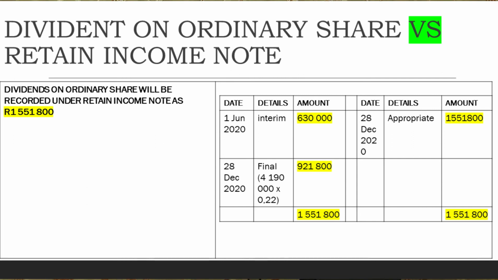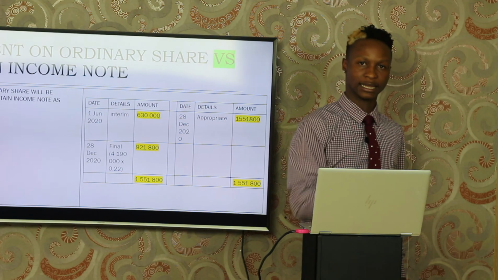So our debit will be 1,551,800, and your credit side, it must be 1,551,800. And then that appropriate account, we are going to use that amount in the appropriate account, ledger account of the appropriate. We're going to discuss appropriate account in our day 4.